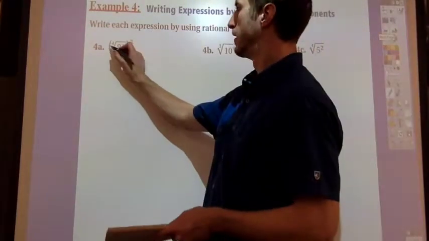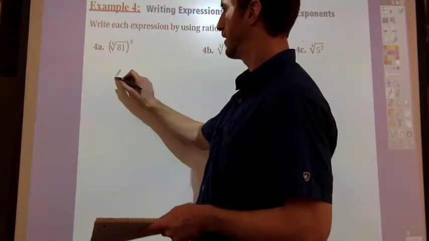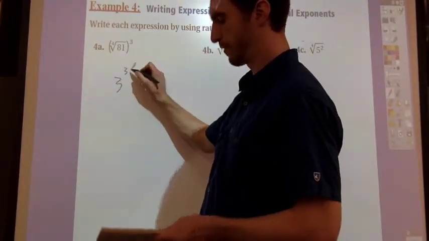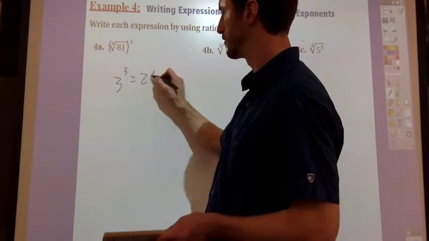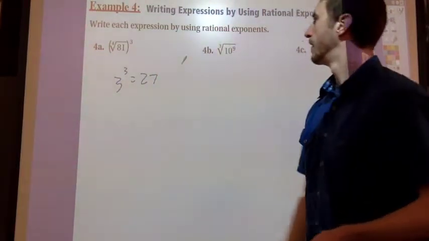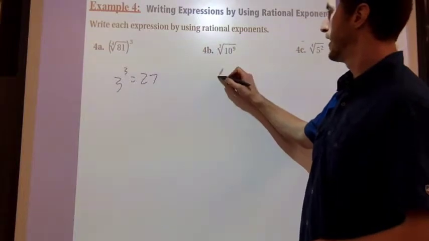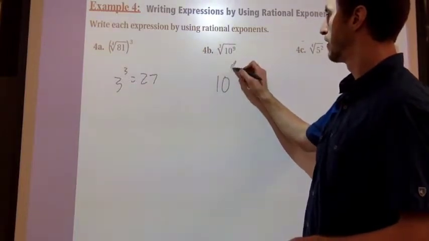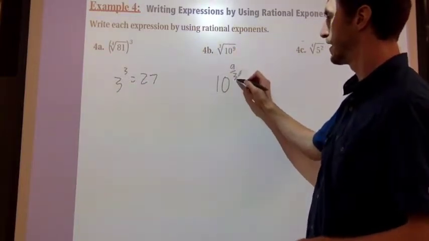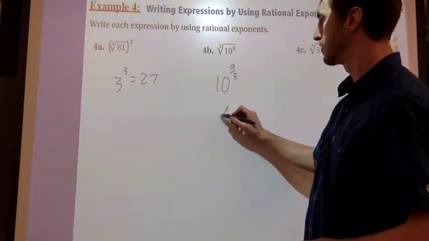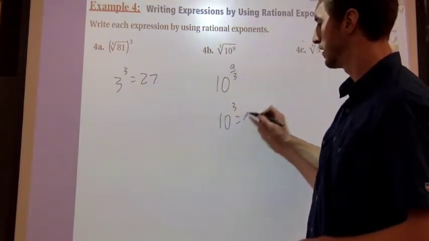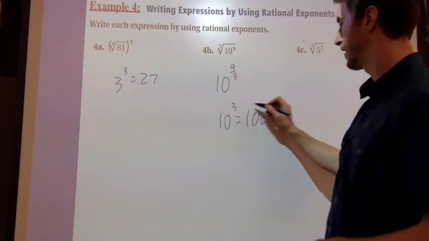This one, 4th root of 81 is 3. We've got 3 to the 3rd, and that equals 27. This one, you can rewrite it as 10 raised to the 9/3, and 9 divided by 3 is 3, so it's 10 cubed, and that is 1,000.